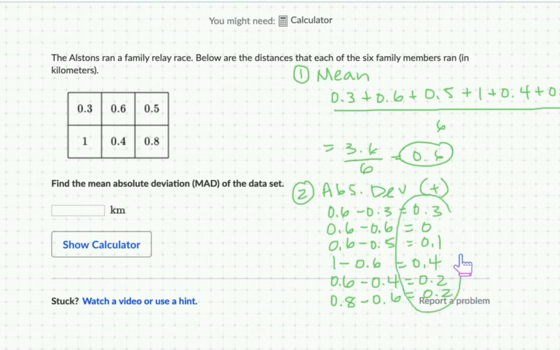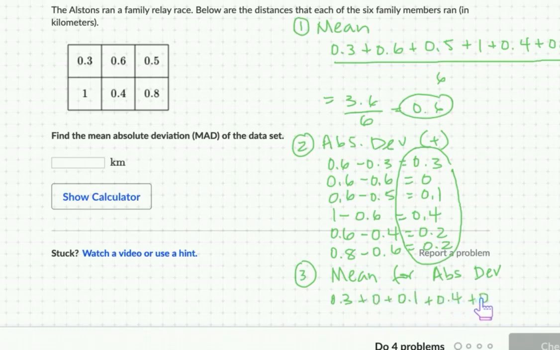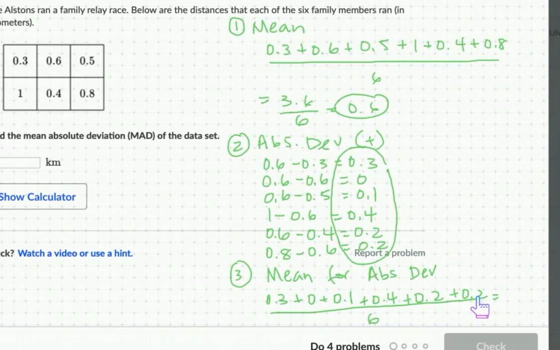Here are all our new numbers that we're going to use to figure out the mean again. So repeat the process up here, but with these numbers now. Careful, they look a lot alike. So this is the mean for the absolute deviation, the new numbers up there. 0.3 plus 0 plus 0.1 plus 0.4 plus 0.2 plus 0.2 divided by 6, because there's still 6 numbers.